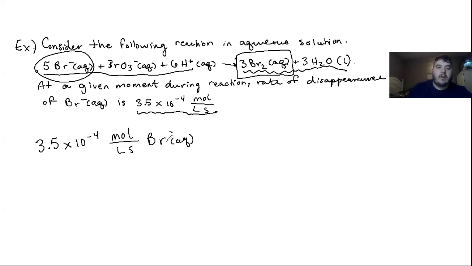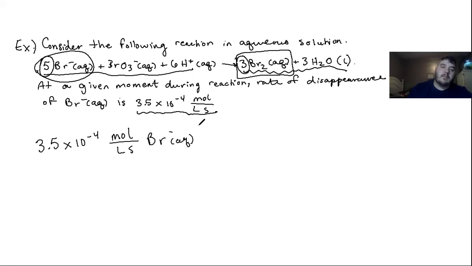Okay. Now let's look at the coefficients out front of our two species in question. We notice for every 5 bromides consumed in this reaction, we create 3 diatomic bromines in the products. So using a little bit of conversion, I can convert this 3.5 times 10 to the negative 4 moles per liter per second of bromide in terms of moles per liter per second of diatomic bromine.